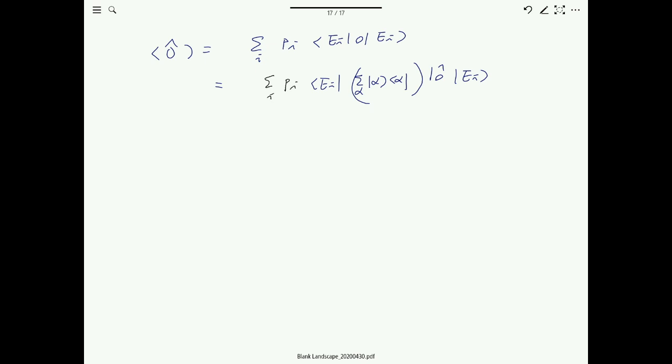Then I can rewrite this as a trace of O times the sum over I of PI, EI, alpha. I define this as my density matrix operator.